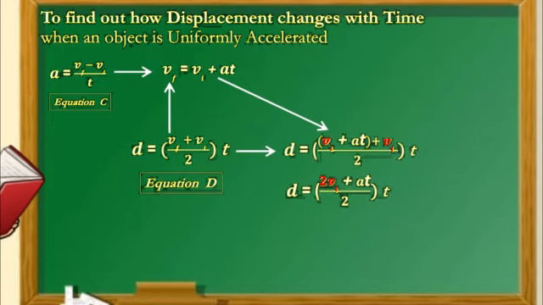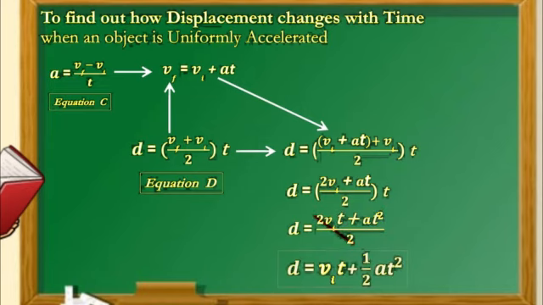Combining v sub i, we will arrive at d is equal to the quantity 2 v sub i plus at divided by 2 times t. Distributing t will give us d is equal to 2 v sub i t plus a t squared divided by 2.